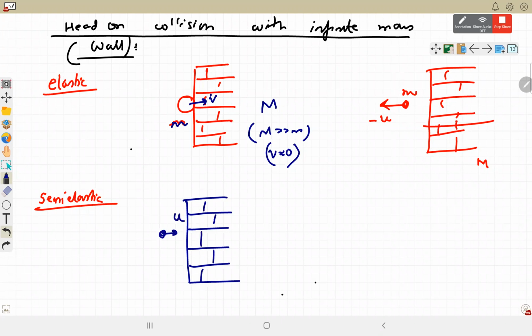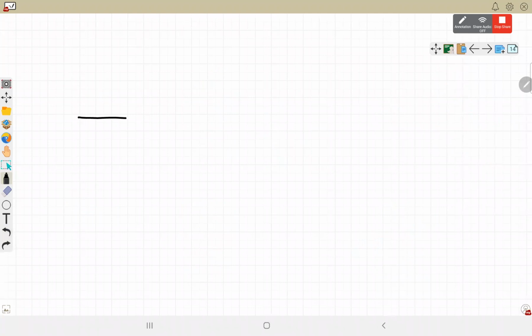If it is colliding with speed U, it will come back with speed E times U. The velocity of approach is U and the velocity of separation is E times U. Writing it vectorially, velocity of separation becomes E times velocity of approach.